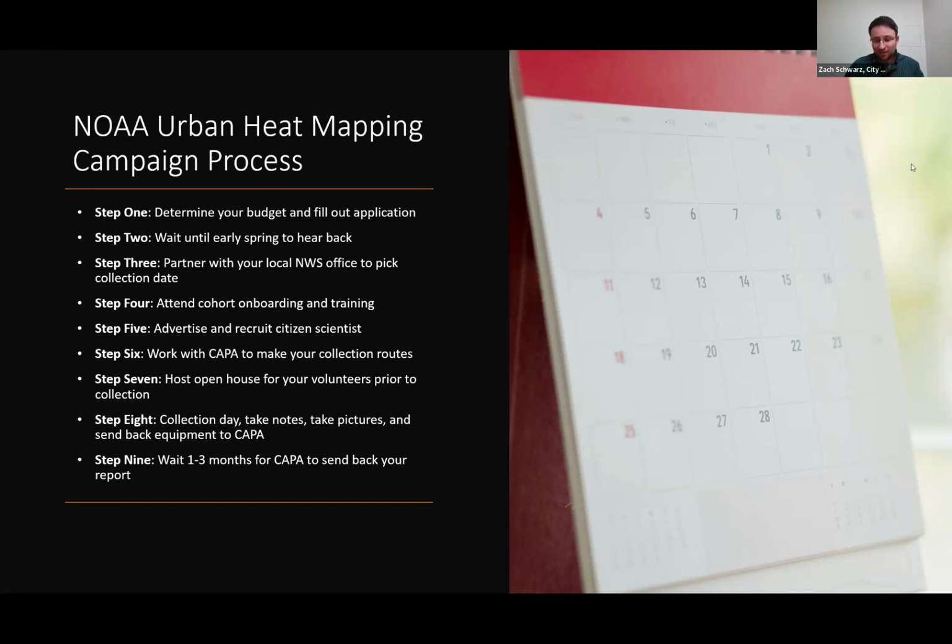What is the hottest, driest, windless, and cloudless day that your city typically experiences in the summer? And that's going to be your prime collection date because that is the best day you can do in terms of data collection. Your National Weather Service office will help you pick that out.